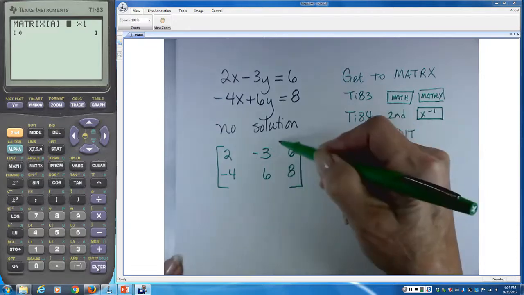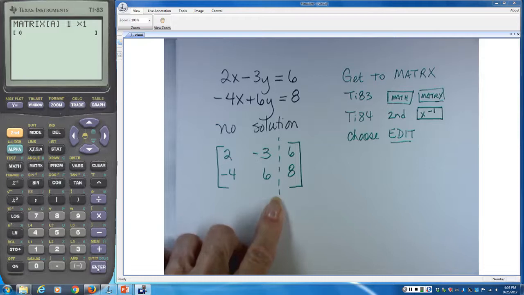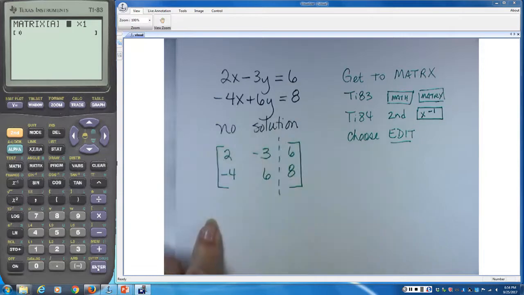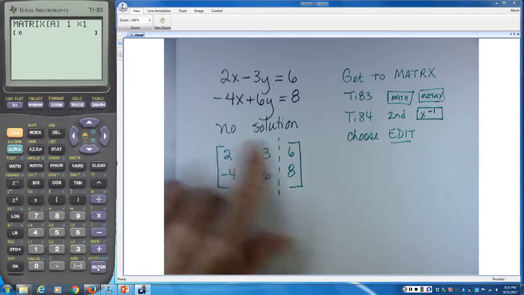This is called an augmented matrix. That line's not going to show up in your matrix, but basically this last column of the matrix is the constants on the other side of the equal. This one happens to have two variables, so you have 2 rows and 2 columns in this part of the matrix.